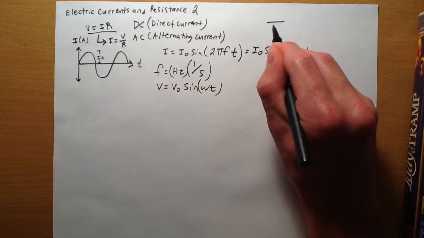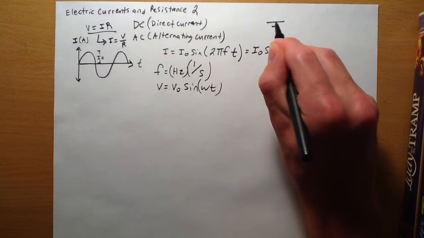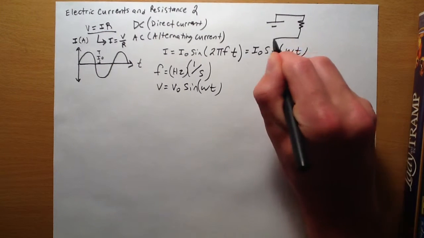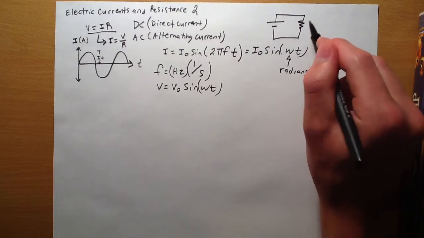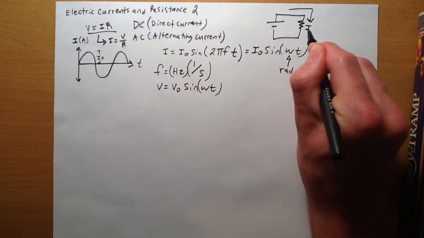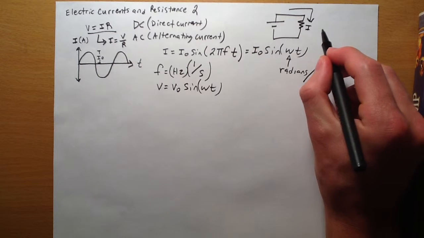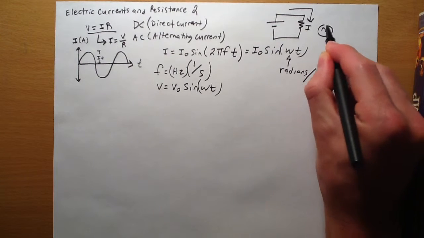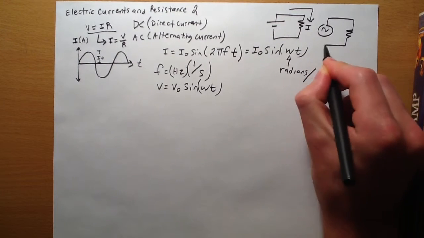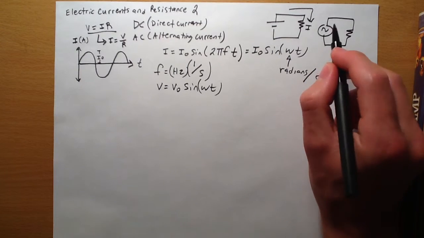In the last section, we wrote it this way. Voltage, resistance with current going this way. But now, we can do it this way. This represents alternating current.